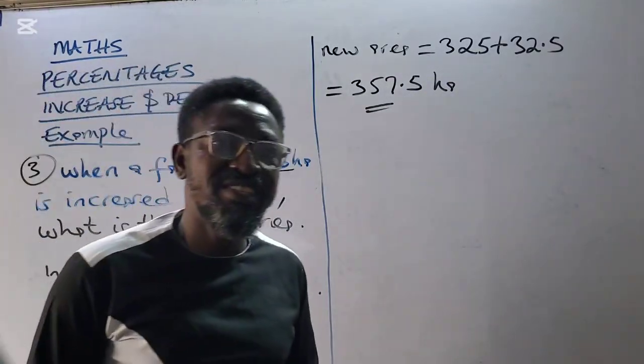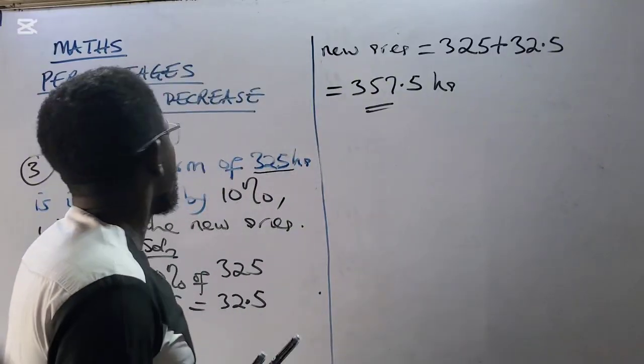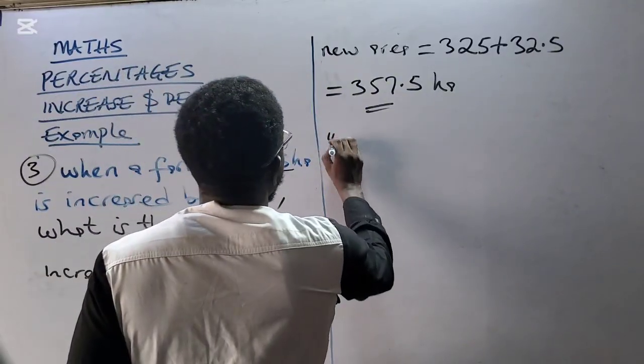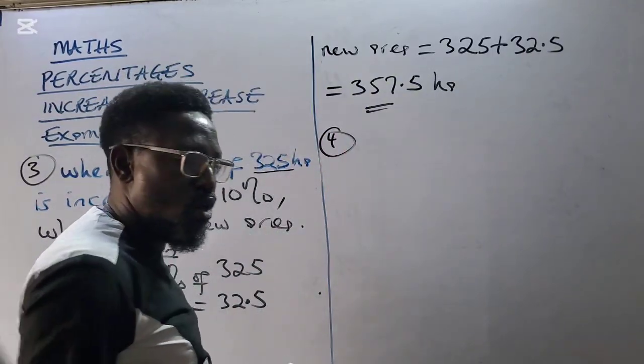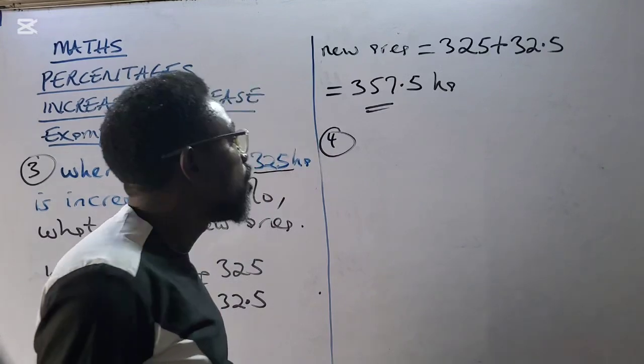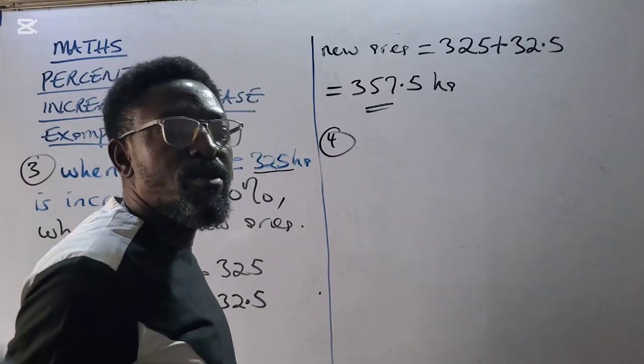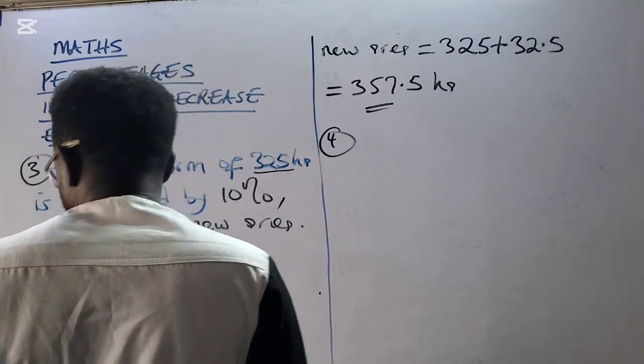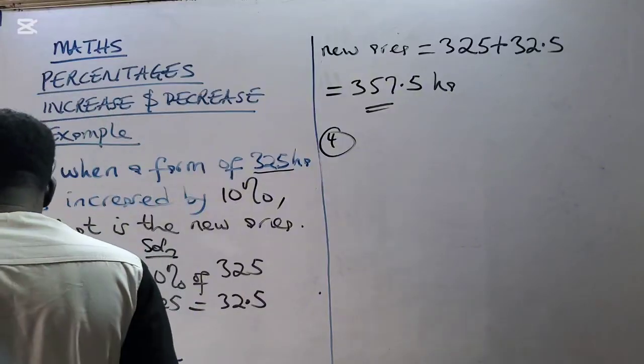That is the new area. So the questions of increase and decrease are not always difficult. Just know the right formula to apply, and you can solve any question under this increase and decrease.